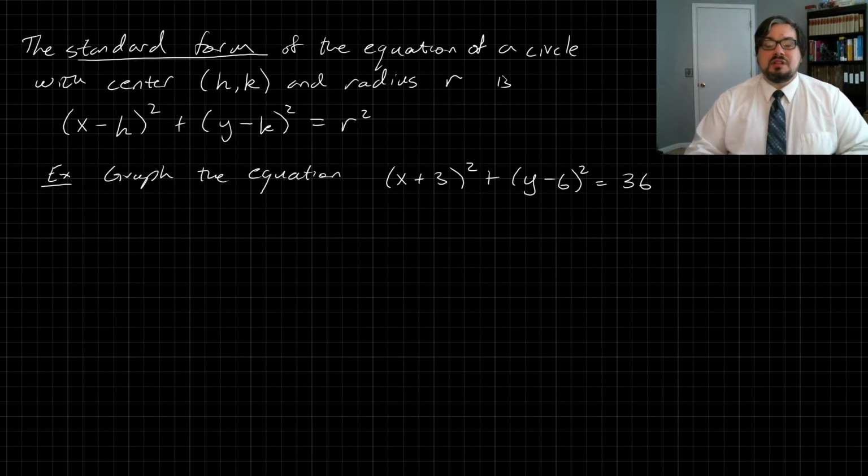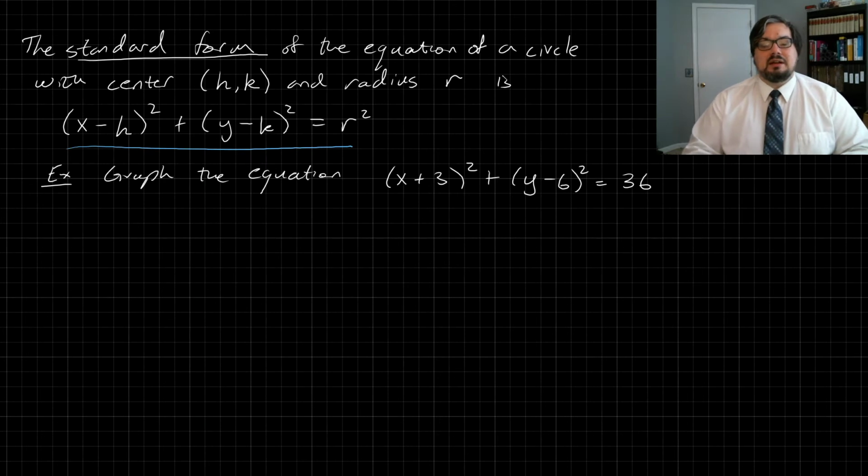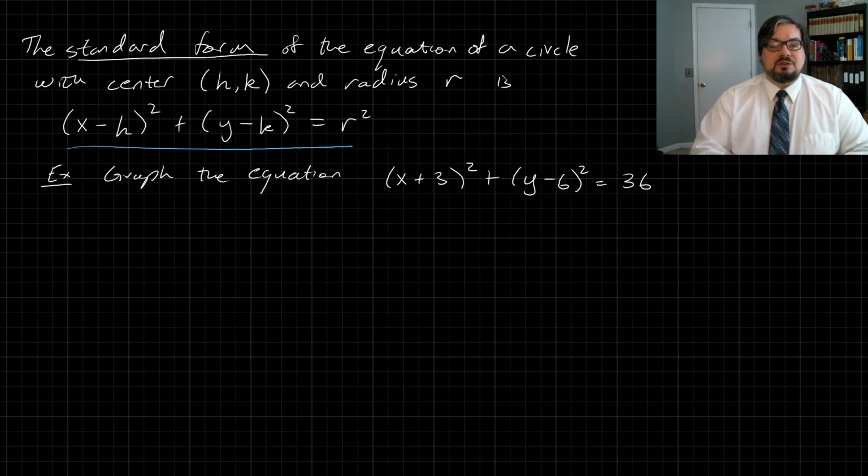So the first thing we do is that we recognize this as the equation of a circle, because it's in our standard form that we just identified. So the next thing that we want to do is identify what the center and the radius of this circle are.